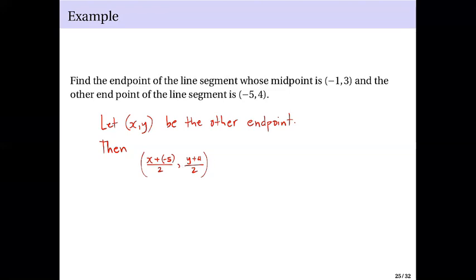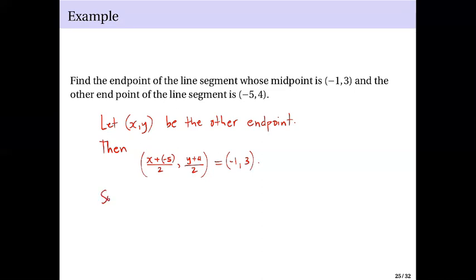But we know that the midpoint is negative 1, comma 3. So meaning, this x coordinate must be equal to negative 1. And this y coordinate must be equal to positive 3. Okay?